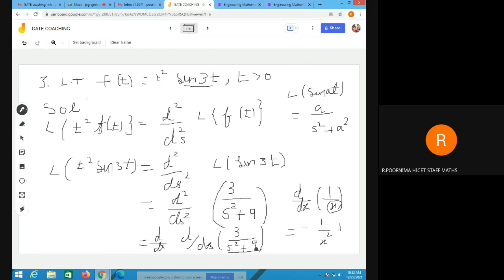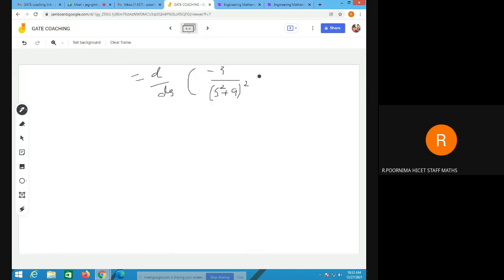Differentiation of s square plus 9 with respect to s is 2s. That can be written in product, so into 2s. Is it clear now? So now we combine the numerator term: d by ds of minus 6s by s square plus 9 the whole square.